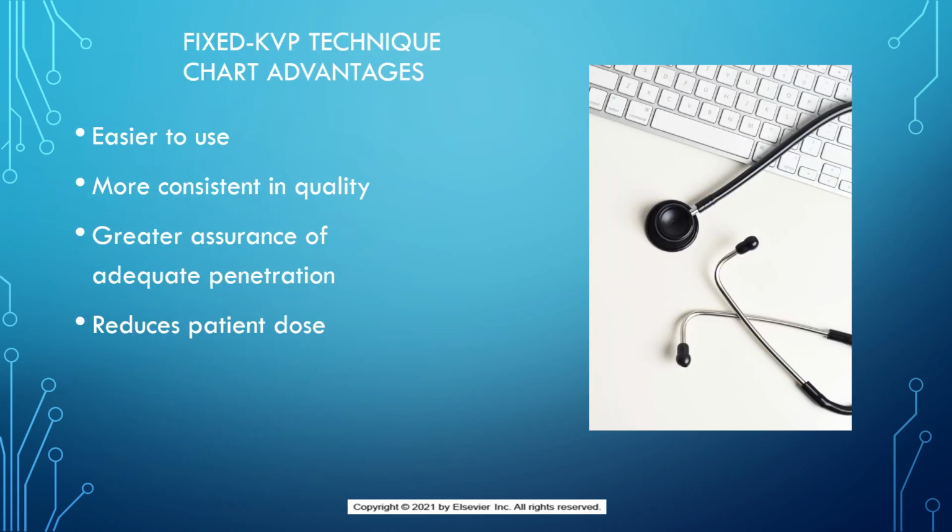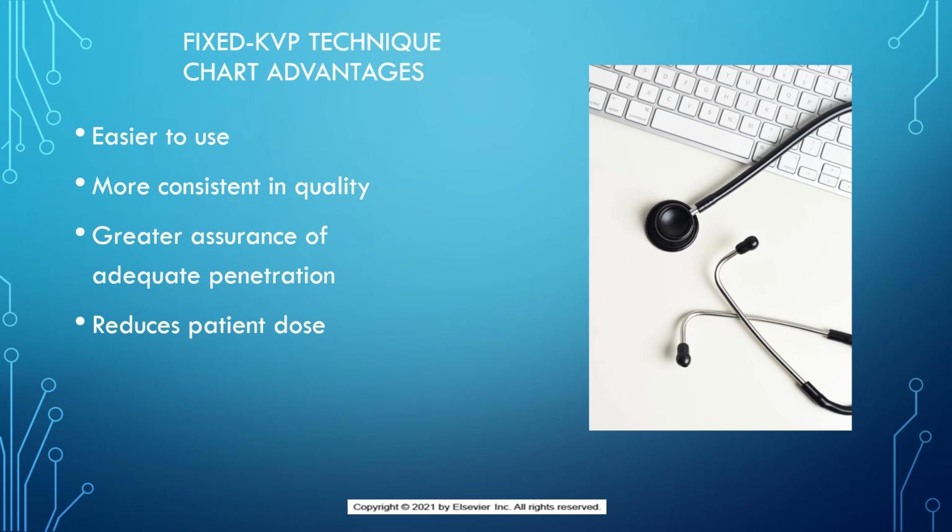Okay, so our advantages: it's very easy to use. Again, you only have to adjust the exposure time or the mass to change from one part thickness to the next. There's a consistency of the quality because there's a consistency of penetration power.